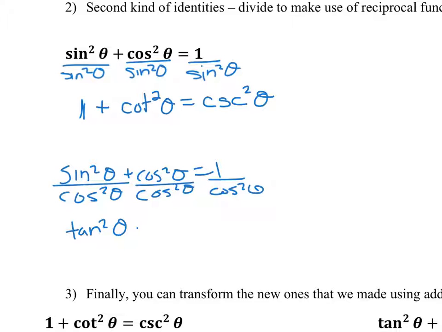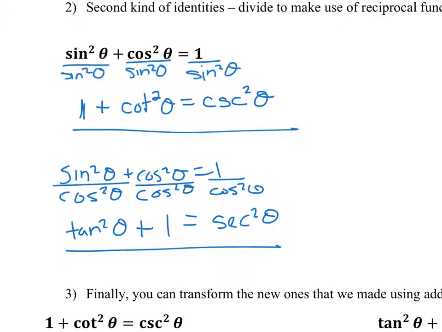Cosine squared over cosine squared is 1. And 1 over cosine squared is your secant squared. So then we create these whole new ones just by dividing. Now you can just memorize those, but it's better to know that you divide by the sine or cosine to get to these.